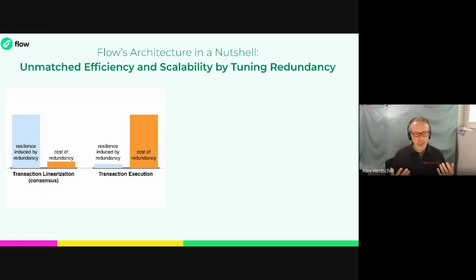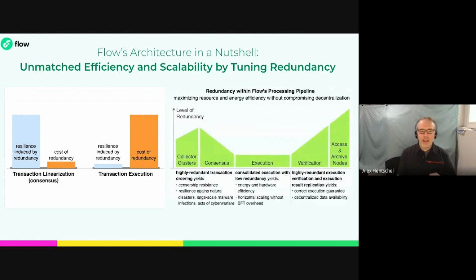So they can't really undermine the system on a larger scale. The only thing they can do is stop contributing honest results. So that's the reason why, for the execution step, the benefits of redundancy are relatively limited.